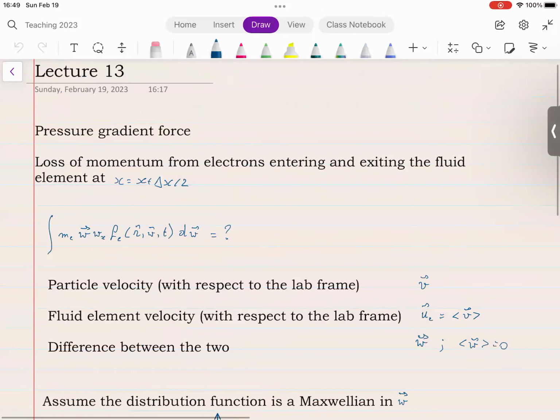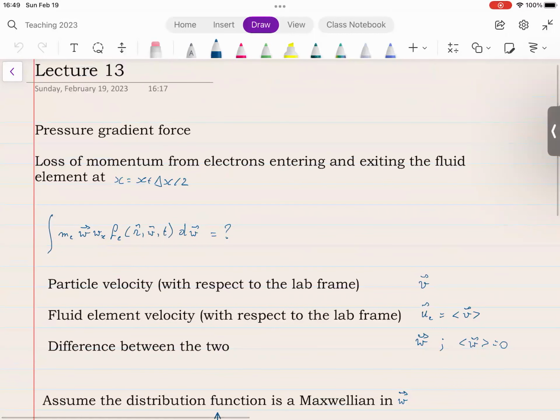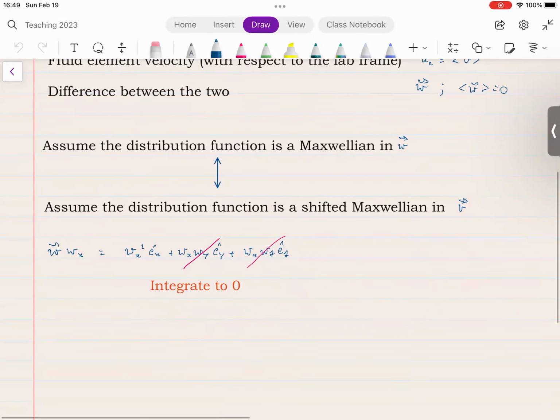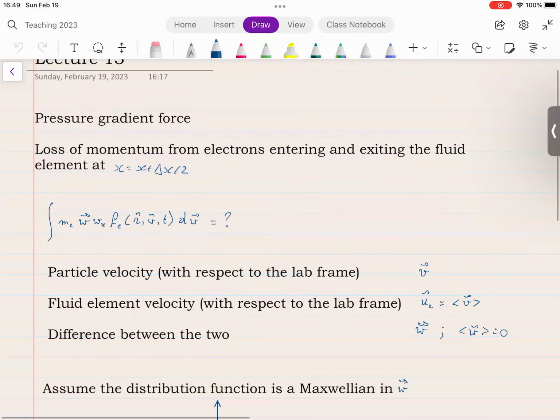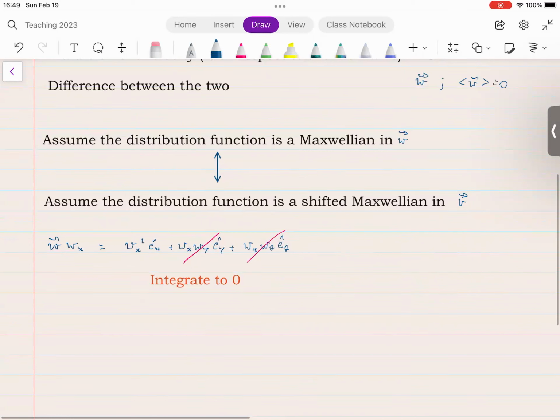Now, looking back up here, we're going to have a term in the x direction. Let me call this integral capital I, so I don't have to write it again. My integral is going to be equal to a term. Remember, this was an integral over space of a vector, so the result is still going to be a vector. That vector is going to be in the x direction.